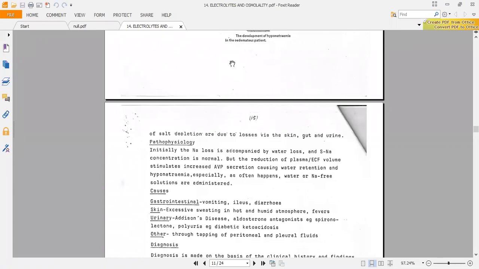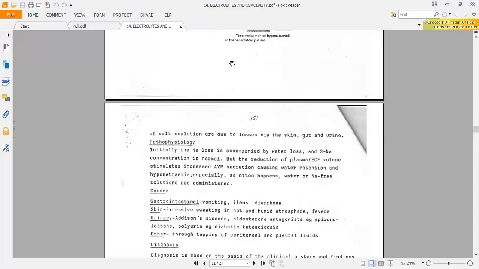Or in a condition like Conn's disease, where you are producing excessive aldosterone, it makes you absorb more sodium, and if you absorb more sodium, you also absorb more water, and that will increase your plasma volume and cause hypertension.